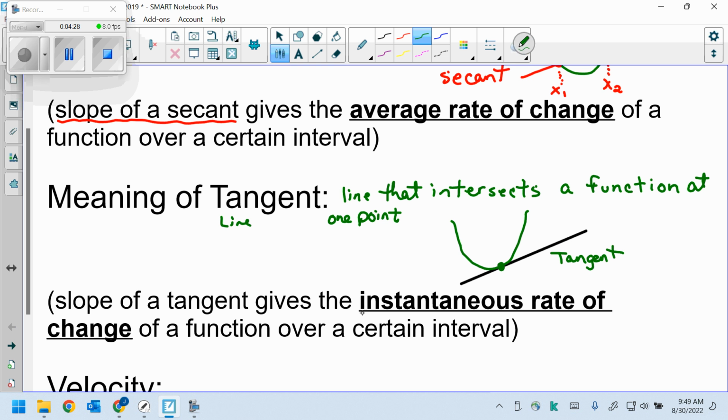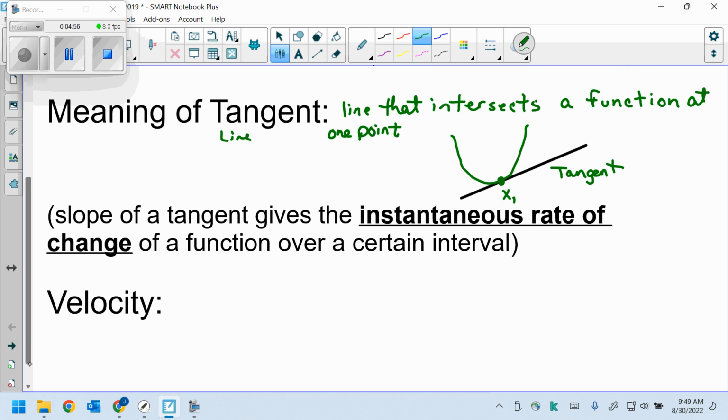The y value is changing with respect to x at this particular moment, at this particular instant, at this value of x sub 1. So that's the difference between an average rate of change and an instantaneous rate of change, which again is not only important here in September, but is going to be important when we get to May.